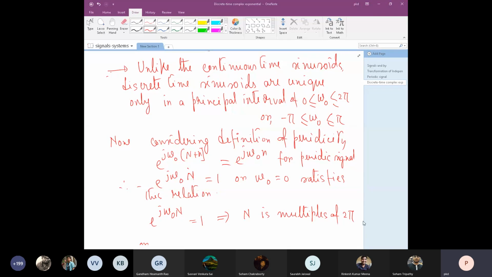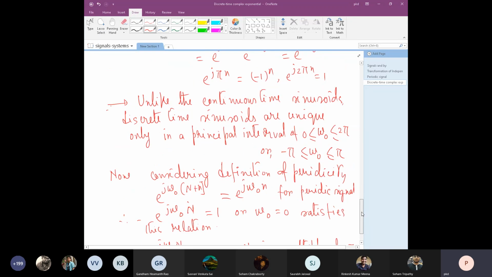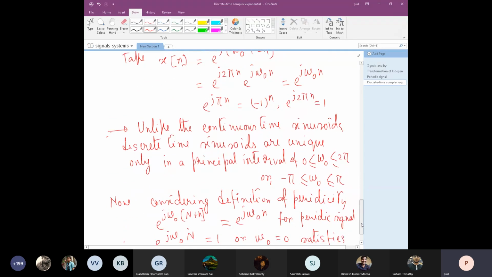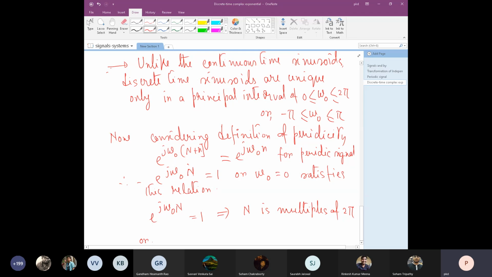So therefore that integer multiplied by twice pi needs to be satisfied, and that is equal to this capital N.